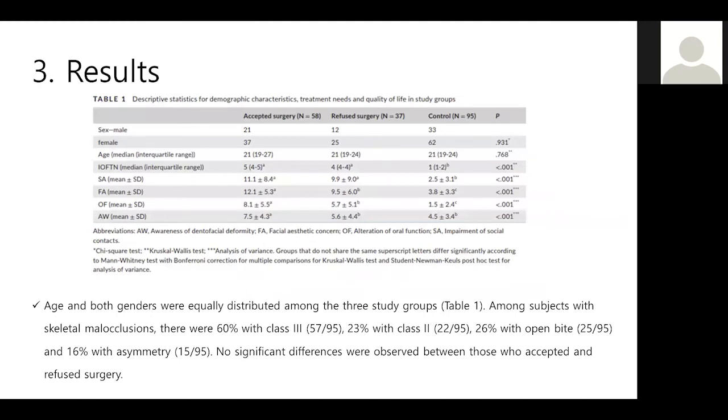Results. Age and both genders were equally distributed among the three study groups. Among subjects with skeletal malocclusions, there were 60% with class 3, 23% with class 2, 26% with open bite, and 16% with asymmetry. No significant differences were observed between those who accepted and refused surgery.